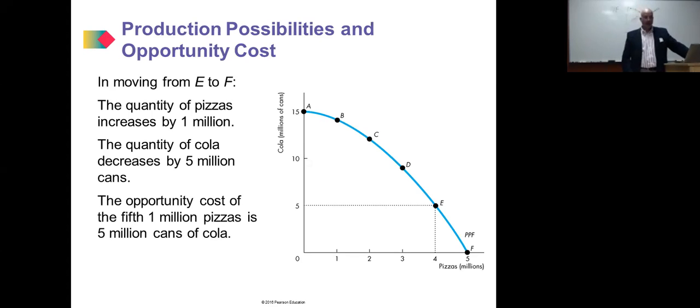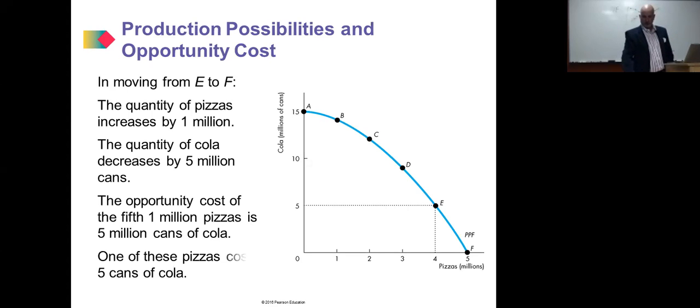So we would say that the opportunity cost of that fifth increment of 1 million pizzas is 5 million cans of cola. And another way of stating it, one of these pizzas costs 5 cans of cola.